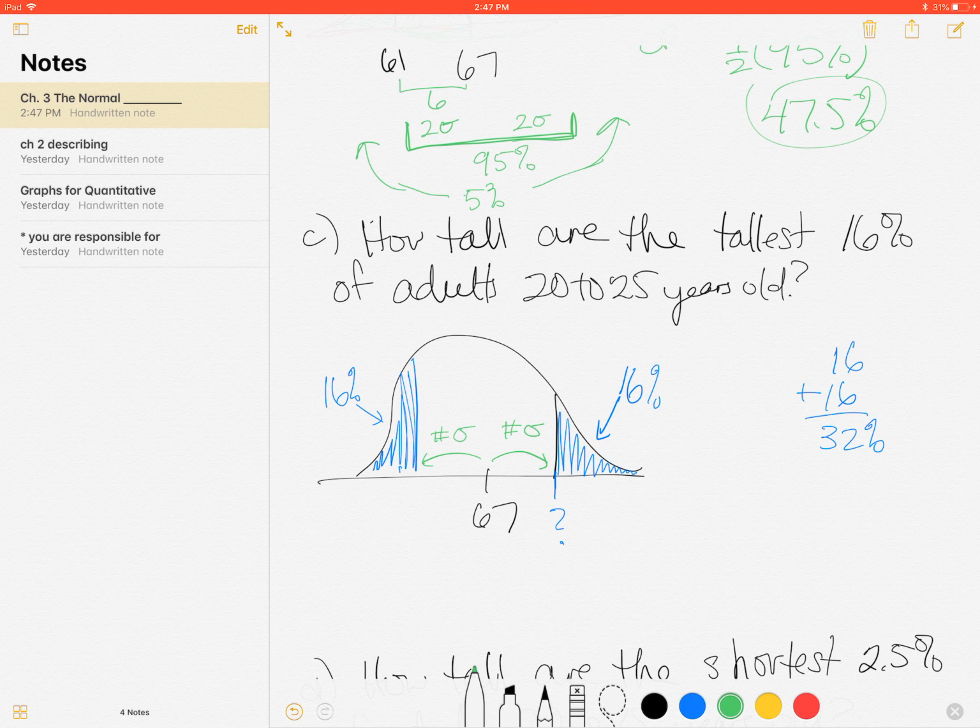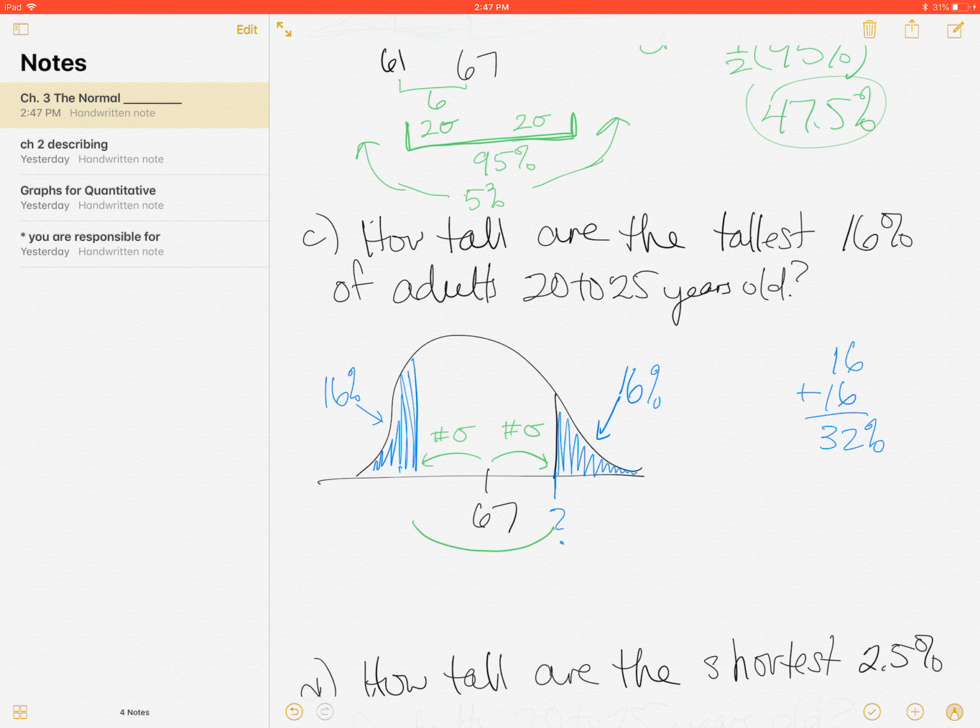That means that the inside is 100 minus 32, or 68%. Ooh, that's a number I recognize. 68% of my data is within 1 sigma of the mean, and that means that this number of sigmas we went either direction was 1 sigma. And so this number is 67 plus 1 sigma, which in this case is 3, or 70.